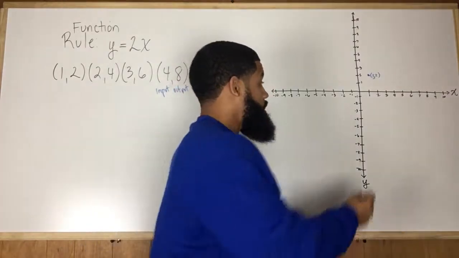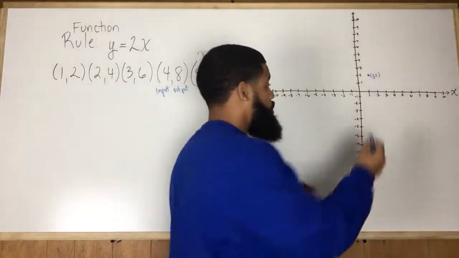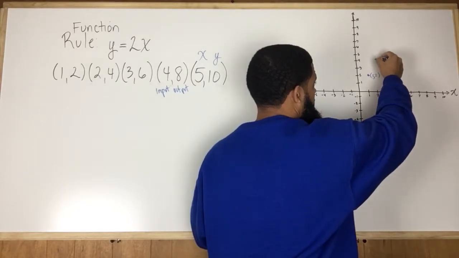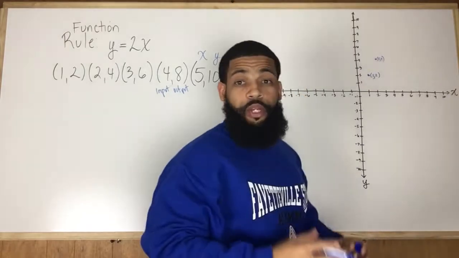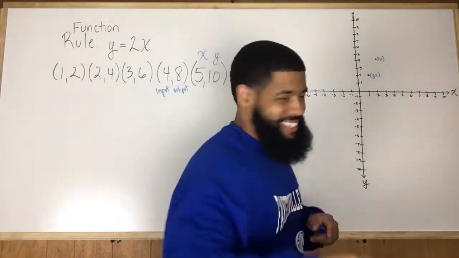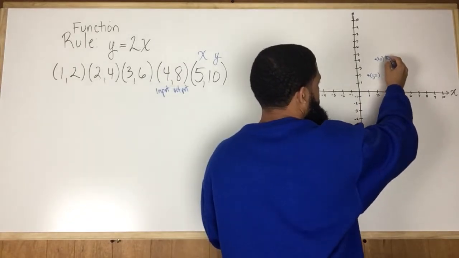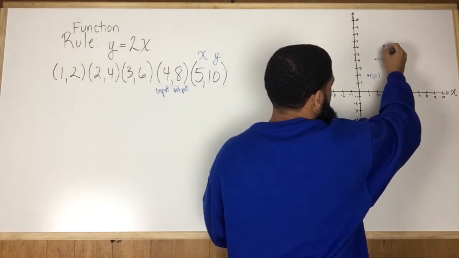All right. Next we have the ordered pair 2, 4. So once again, we start at the origin, 0, 0. We go to the right 2, and we go up to 4. All right, and we have the ordered pair 2, 4. Next, we have the ordered pair 3, 6. All right, we go from 0, go over to the number 3, and go up to the number 6.